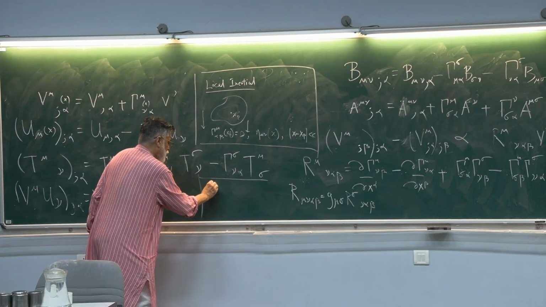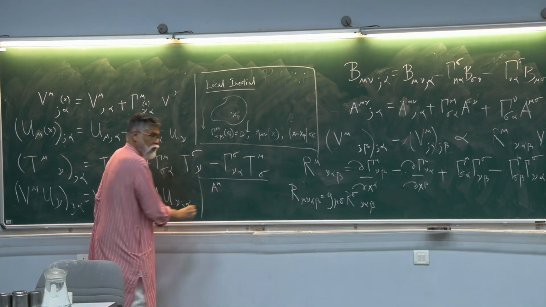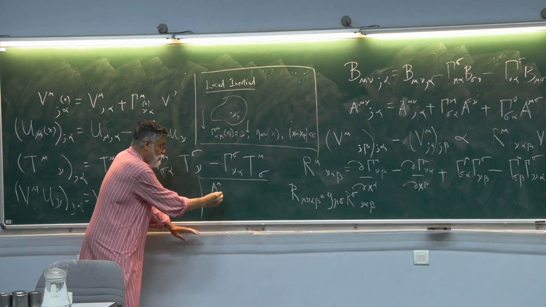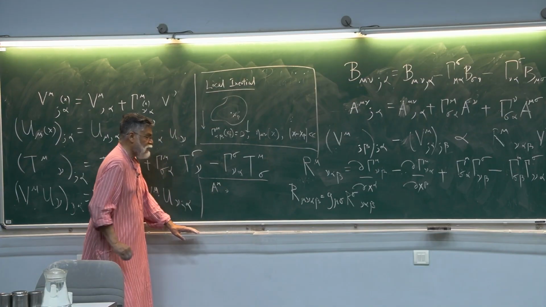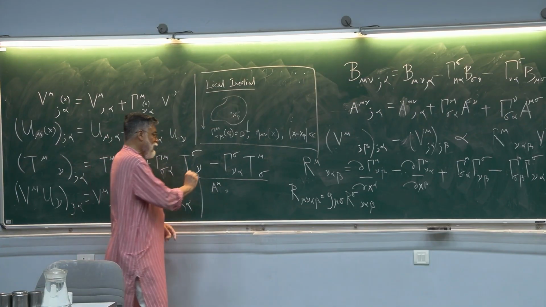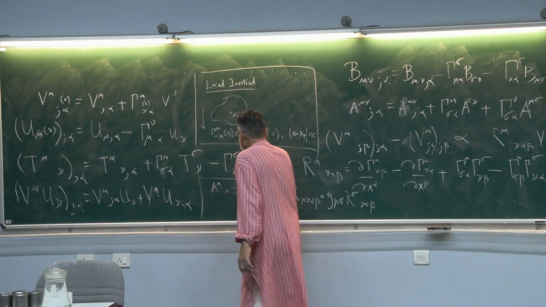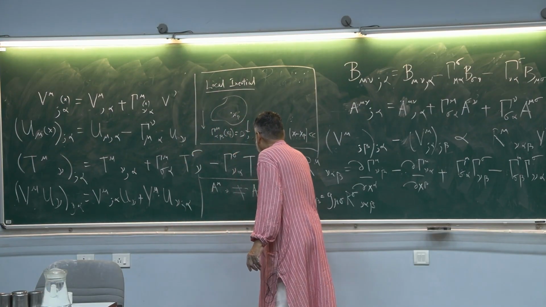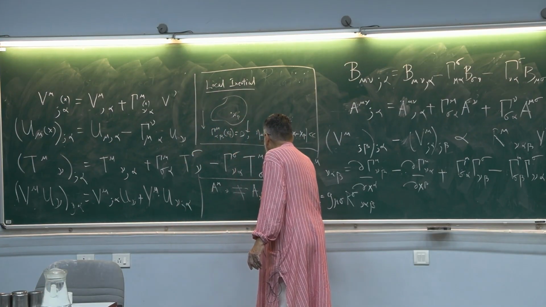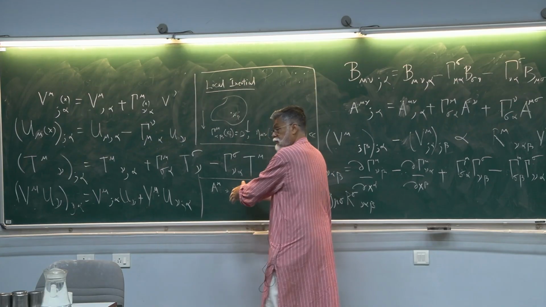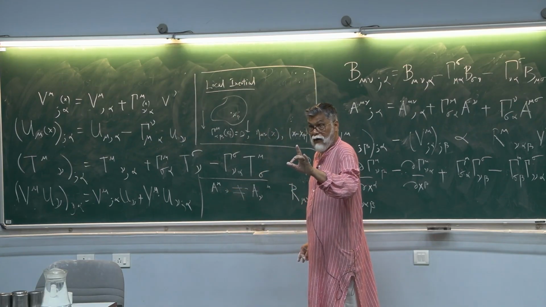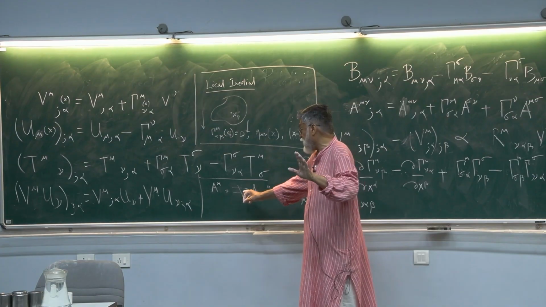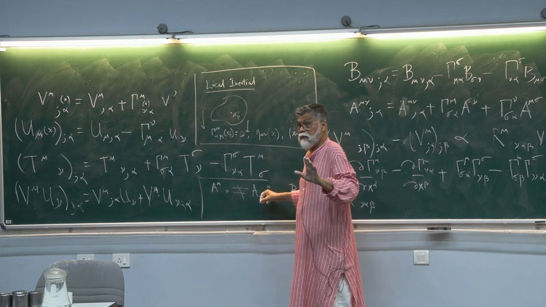If I have a mixed tensor A mu, with the lower index nu, I better write it like this, because this is in general not the same as A nu mu. Remember the separation. This is very important. These are in general not the same.